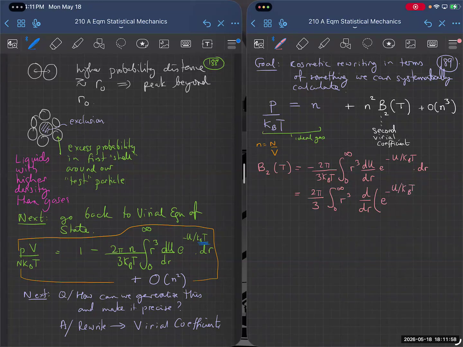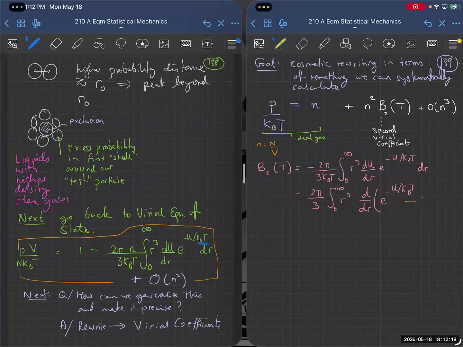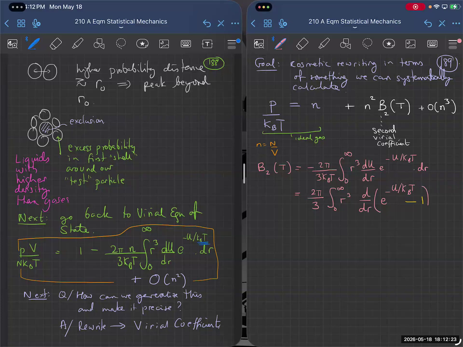Okay? So think about that. If I differentiate that with respect to r, it's going to bring down a factor of du by dr. Then it's going to leave me a factor of e to the minus u over kT. And then I have dr. And the clever thing I'm going to do is put a minus 1 here, and then I have dr. So why did I put that minus 1 there?